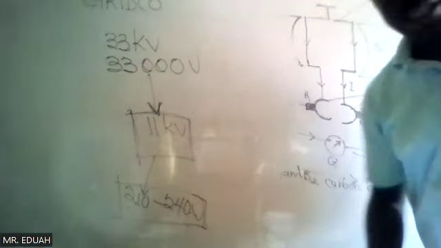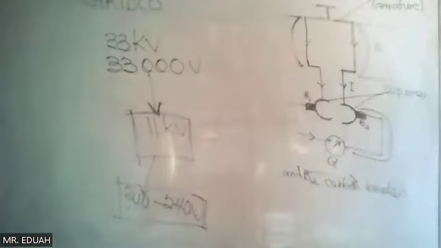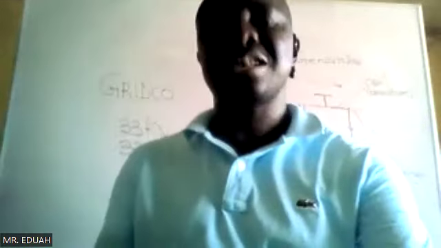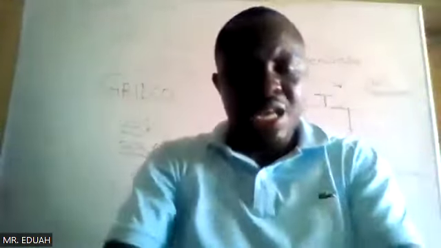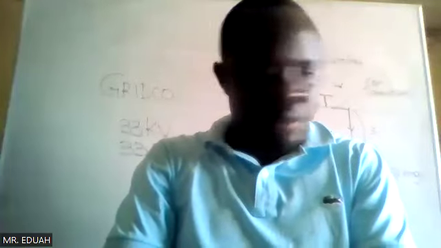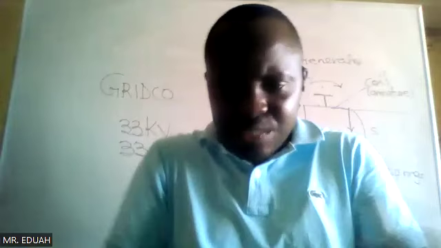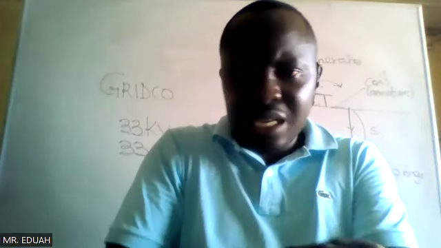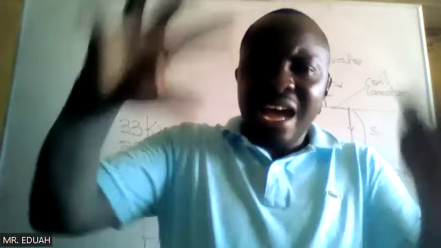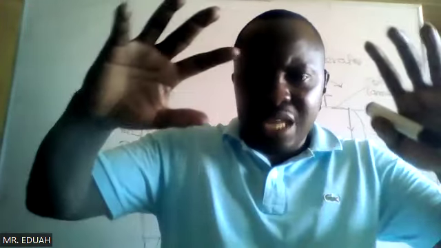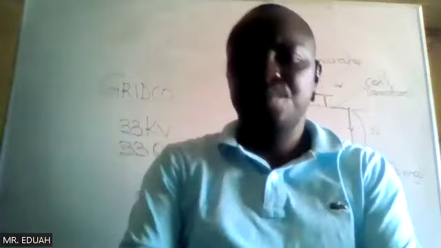DC can actually also be transported over long distance, but you need to use cables with a very large cross-sectional area, because for DC you cannot do this voltage adjustment. If you are transmitting higher voltage, then you must buy a cable whose cross-sectional area is larger.